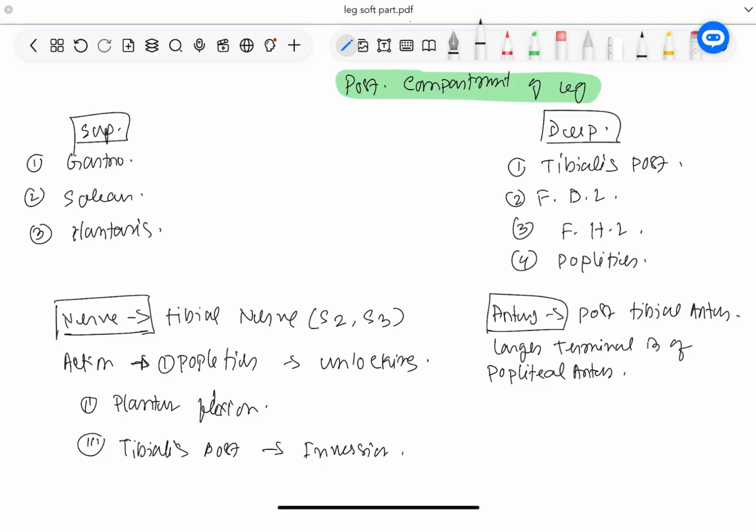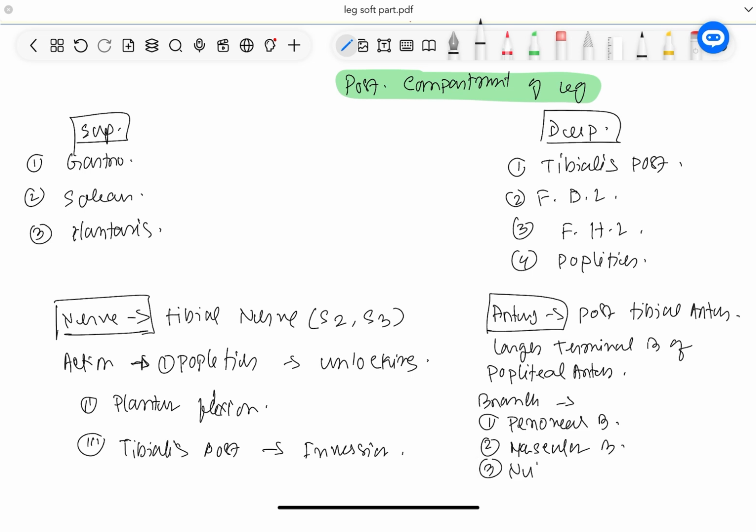So these are the posterior tibial artery information in the posterior compartment of the leg you have to remember. What branches does it give? It gives a number of branches. Number one is the fibular artery. It is the largest important branch and it arises from the inferior border of the popliteus. So the first branch is the peroneal branch. Number two is the muscular branch.